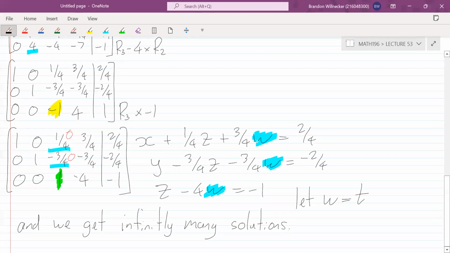Okay, so for each choice of t or each choice of w, we get another solution for the system. Okay, so it's exactly the same as before. You just do your row operations, and then you try and solve for x, y, and z. Since we're missing the 4th equation, w then becomes the free variable. So this is the free variable. Okay, so we've got a consistent system, but here it's dependent.